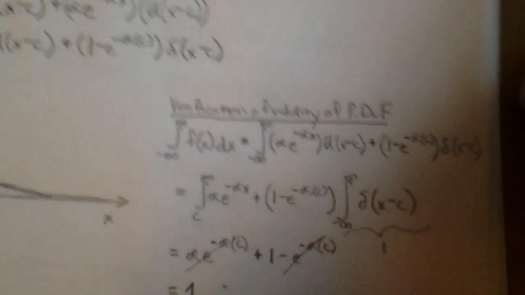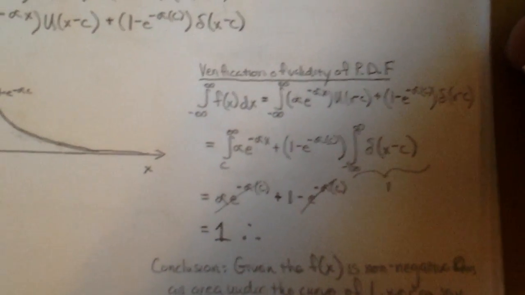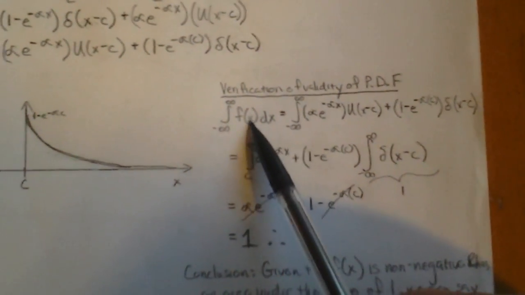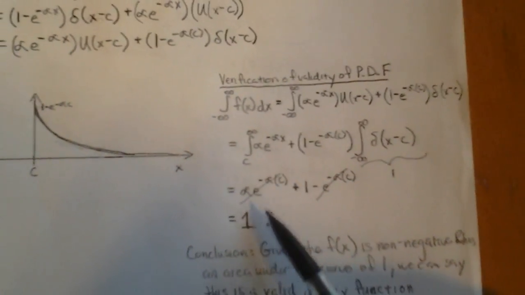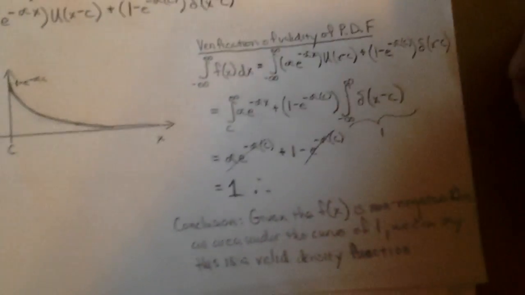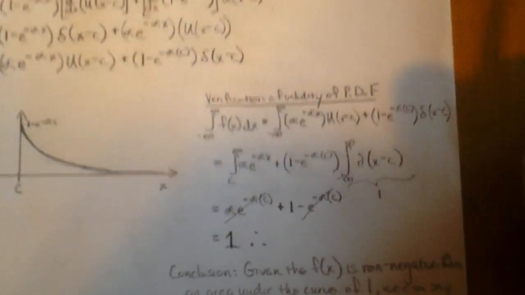Now, the question at hand is whether we can verify the validity of this density function. The way we go about doing so is taking the small f of t and seeing if we can get back an area of 1 by taking the integral from negative infinity to positive infinity.